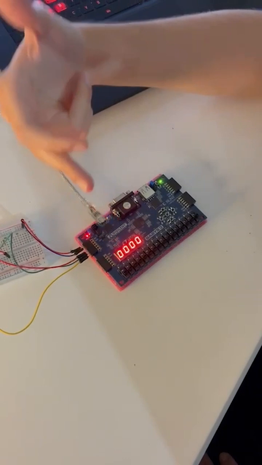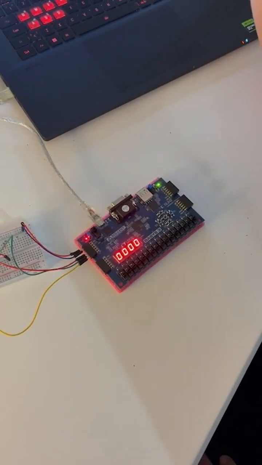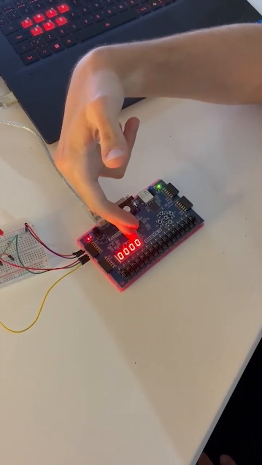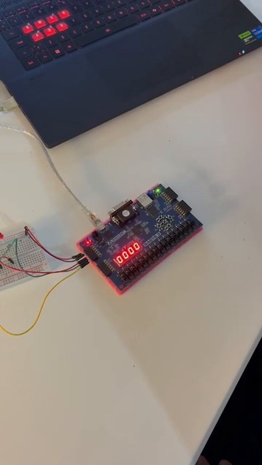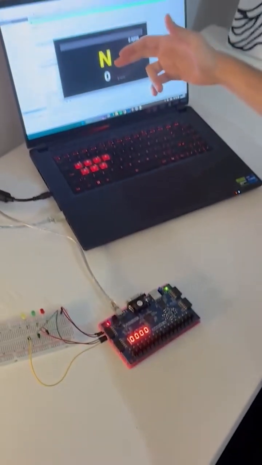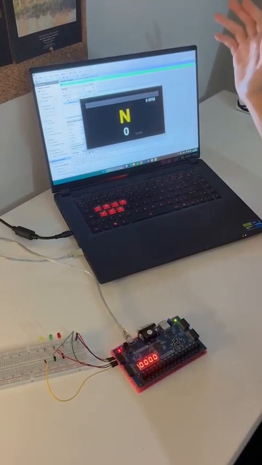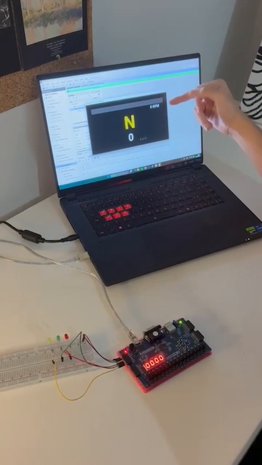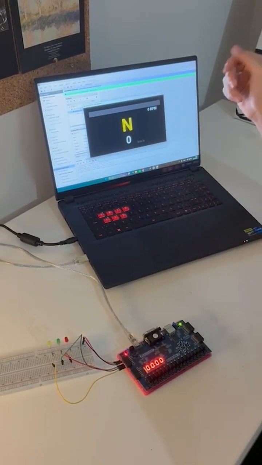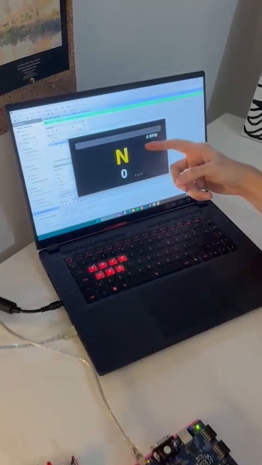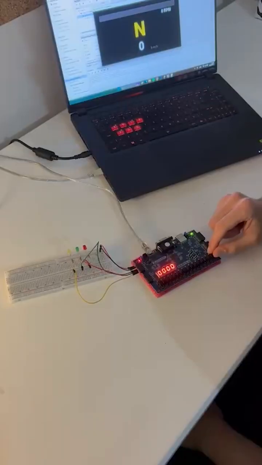The left number shows the gear level, and the rest shows the speed of the car. With the telemetry on the monitor, we also show the data. We have an RPM bar, the gear, and the speed displayed here.